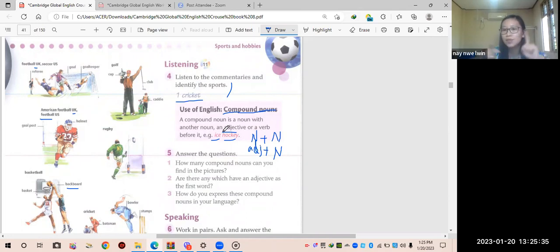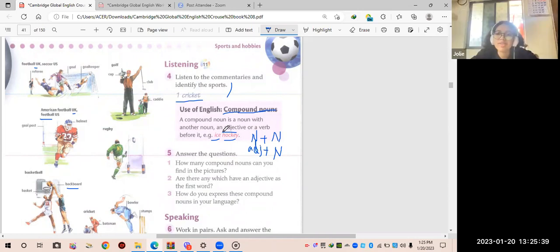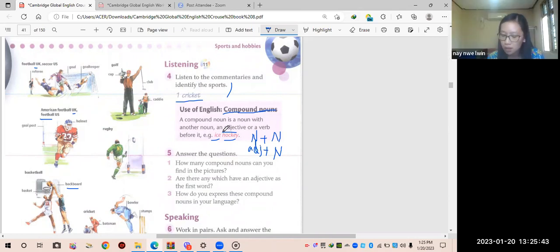Compound noun means they have to combine. Yes, Julie, what is that? Soft music. Yes, we can say that. Soft music. Nice time. Yes, actually you're talking about collocations. You guys are talking about soft music, nice time. So actually they are collocations or noun phrases.